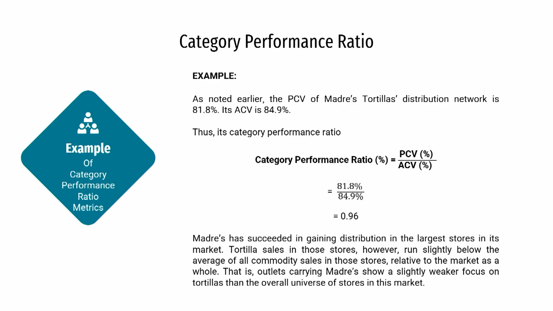If the value is 1, the outlets that are keeping my stock are performing at par with the outlets in the market. But as it is slightly lower than 1, we can say that the outlets keeping my stock are performing slightly worse in terms of this category of products as compared to the entire market.